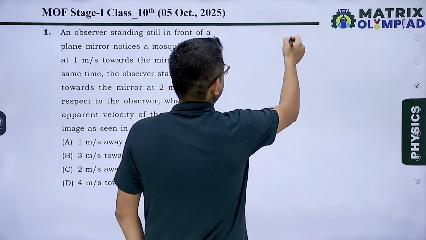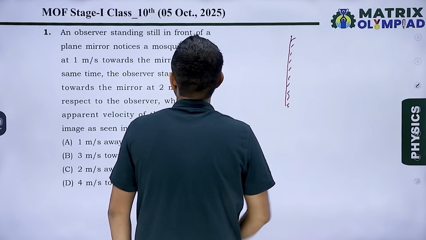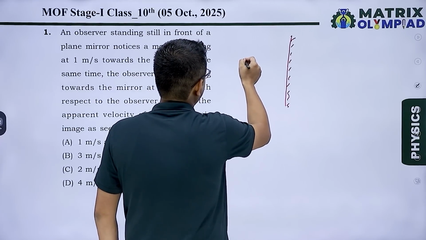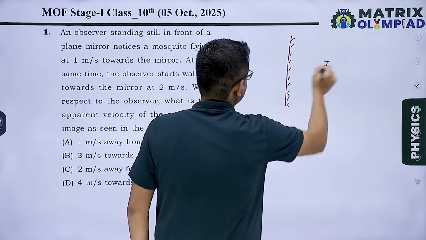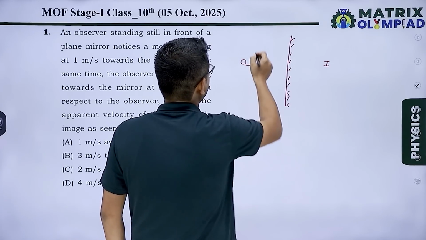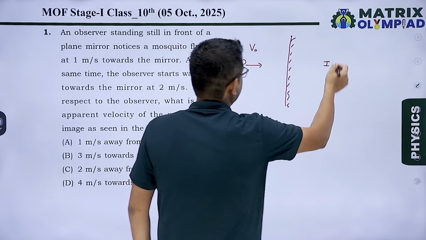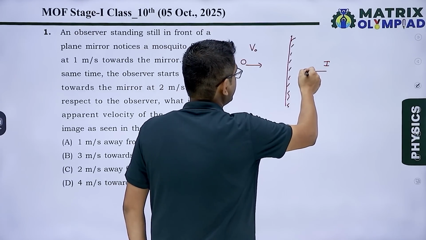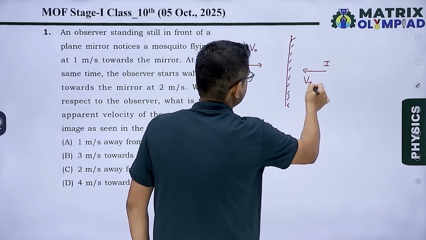As we know, if this is our plane mirror and the object lies this side and the image is formed on the other side, if the object moves toward the mirror with velocity VO, then the image will move in this side, and let's say the velocity of image is VI.